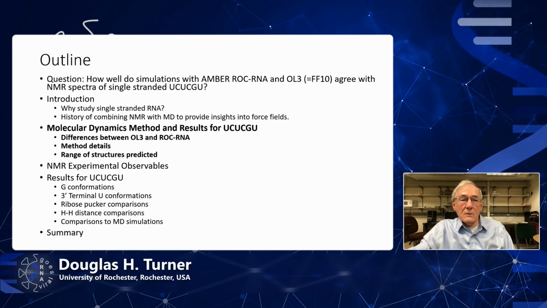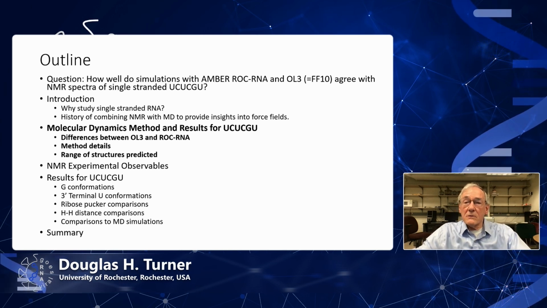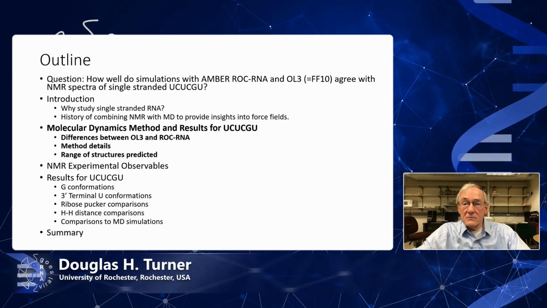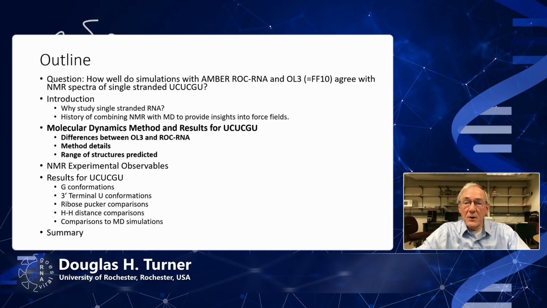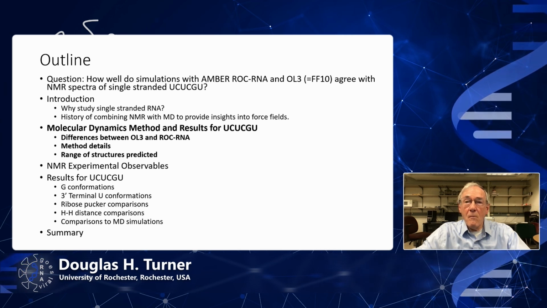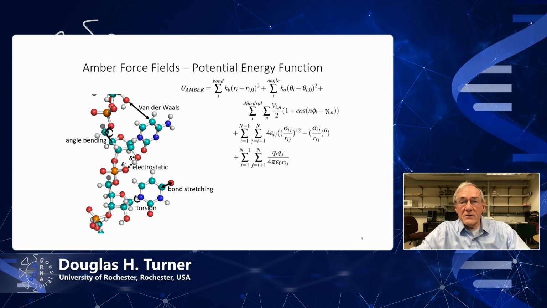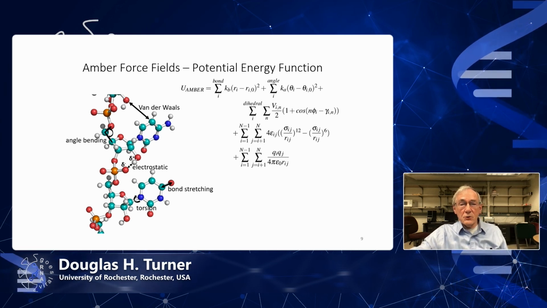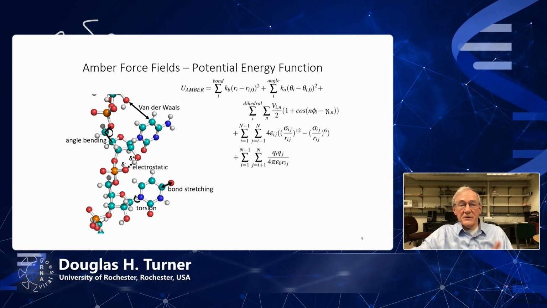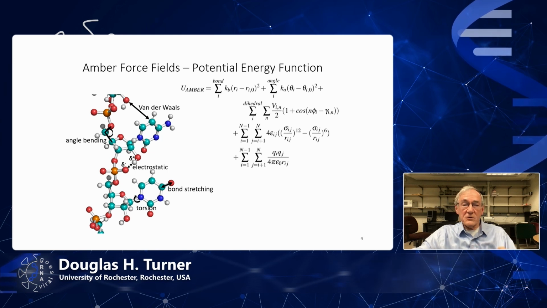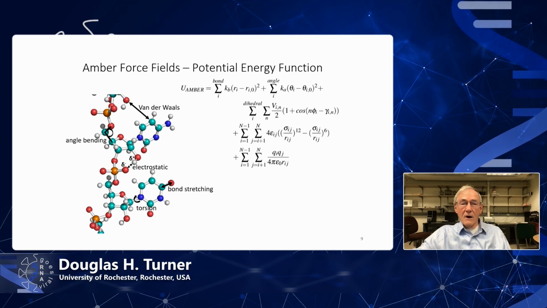So now I'm going to talk about molecular dynamics for a while, and also the next hexamer that we've done. So we've only done 2 hexamers at this point. And this is not published yet, although we submitted a paper. So in molecular dynamics, what you do is you use quantum mechanics and statistical mechanics to predict what the energetics are for individual structures of a nucleotide or between nucleotides.